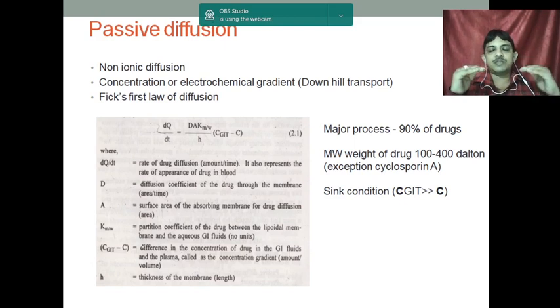Whenever the drug is present in the GIT, it is absorbed into the systemic circulation. But after absorption into the circulation, it is distributed into different body compartments or proteins, which we have already discussed. So the concentration in the systemic circulation is always less than the drug present in the GIT. As a result, all the drug is absorbed through the membrane. This particular situation is known as the sink condition.